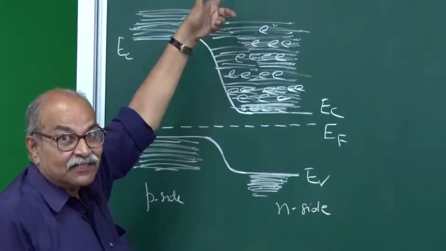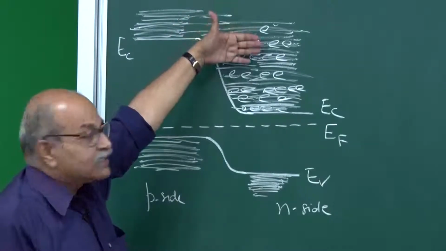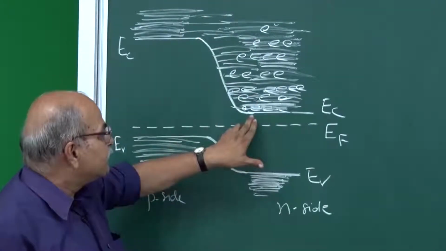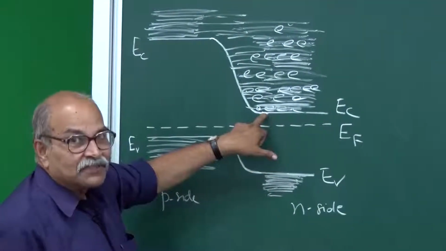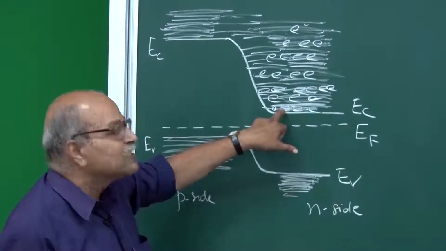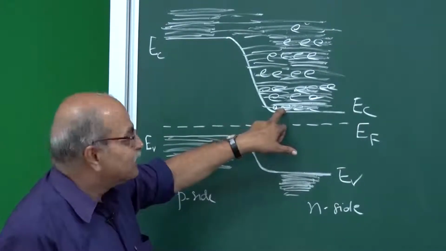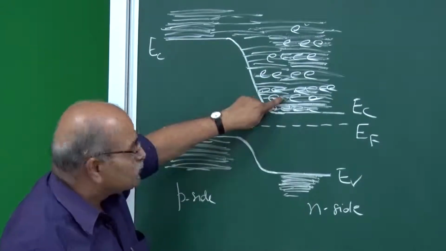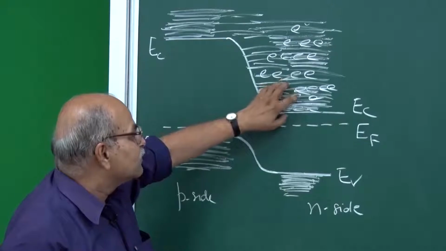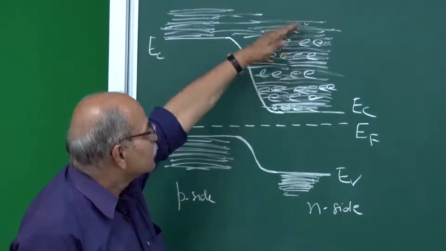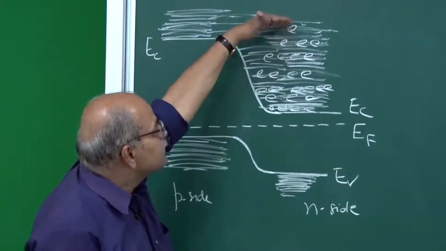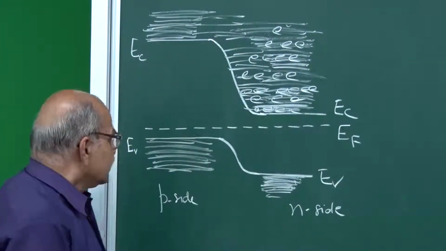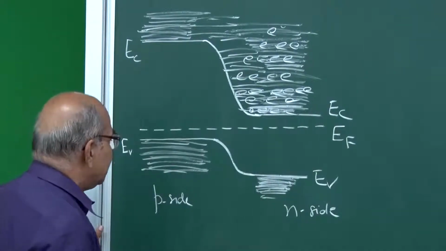The density of states also comes into the picture to decide the number of electrons, that distribution. Right at the bottom, you remember, the density of states is 0, and then it increases. So, it maximizes not at the bottom, but a little bit above. But we are not concerned with this; here the concentration decreases exponentially as you go up in energy. Similar is the story for the p side.